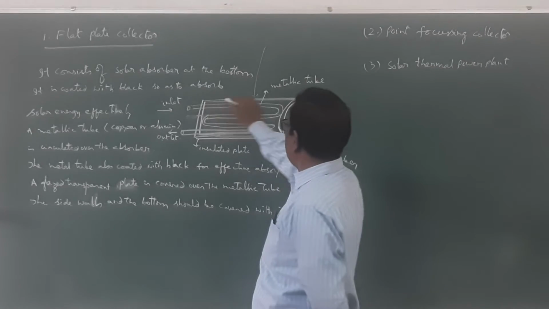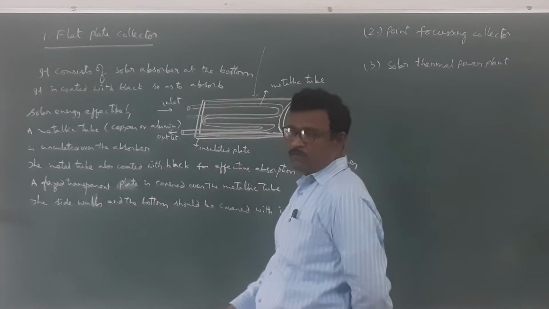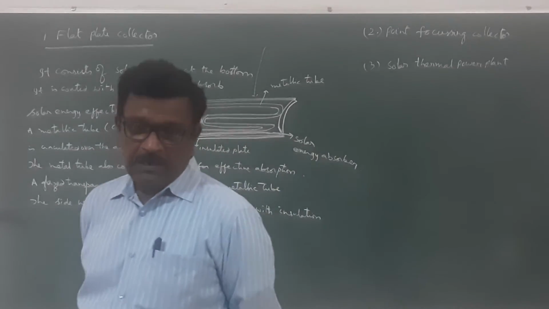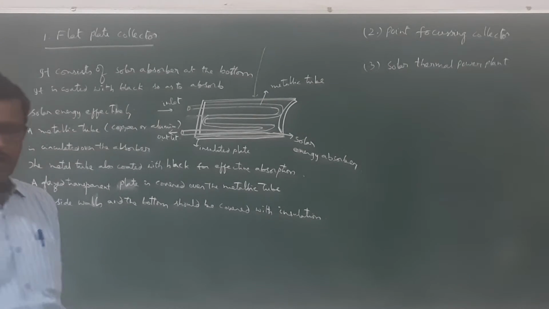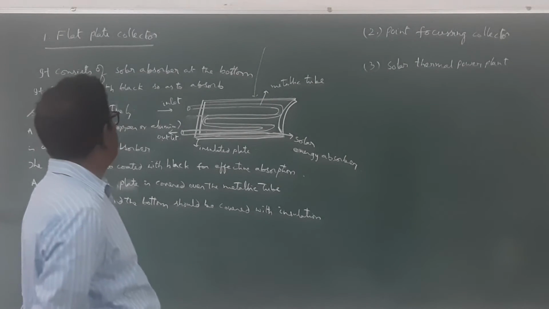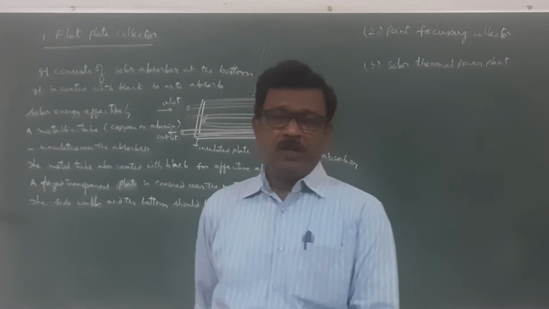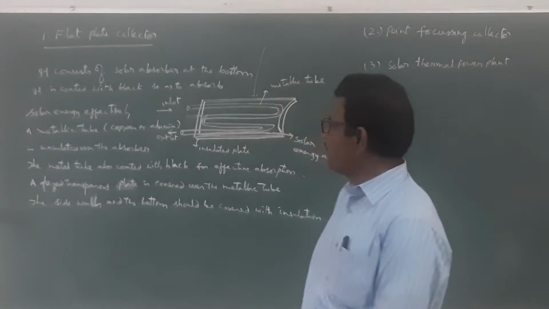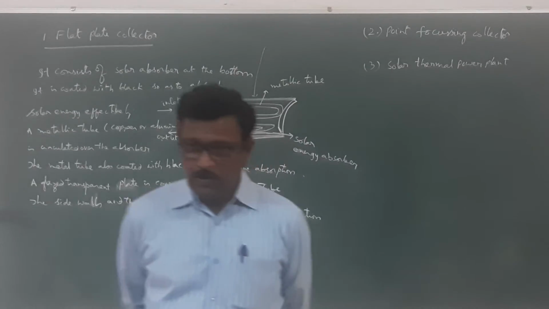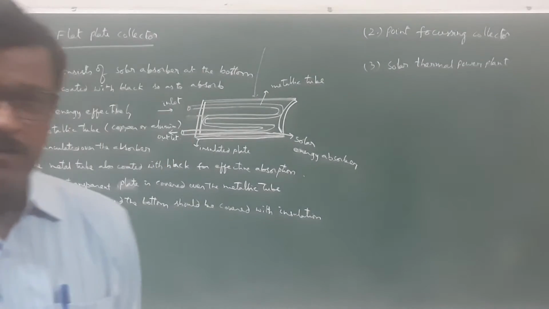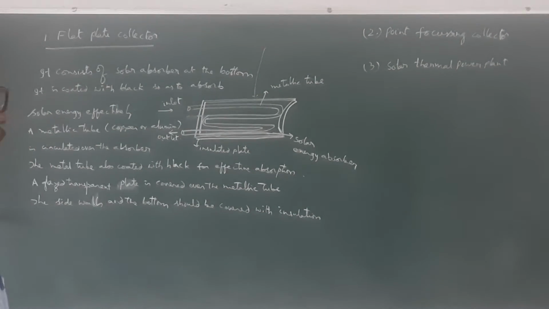The surroundings of this flat plate collector as well as the bottom are covered with insulation material in order to prevent the escape of solar radiation incident on the flat plate. In this manner, you can utilize the flat plate collector to collect solar energy.